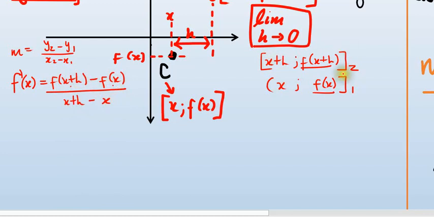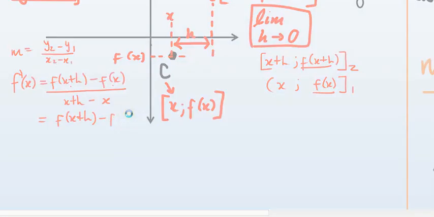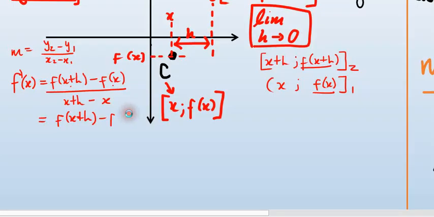Right? Keep on checking from that side. And that means I'm going to end up with f of x plus h, minus f of x, divided by, this x cancels this x, and you have an h.